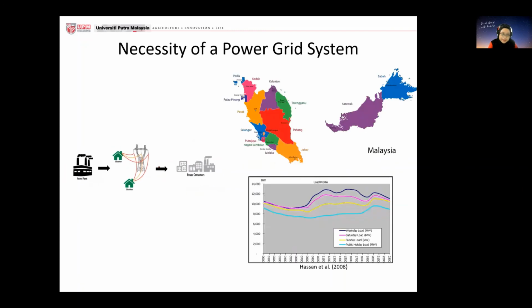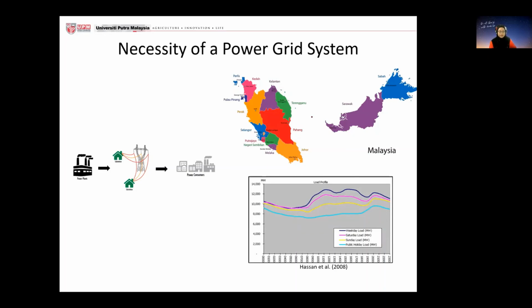So what happens if you look at the country as a whole? Is it possible to have just one power plant to produce energy for the whole country? Not possible. Even now we have, I can't remember the exact number, a lot of different power plants across the country, not only in Peninsula, but also in Sabah and Sarawak.